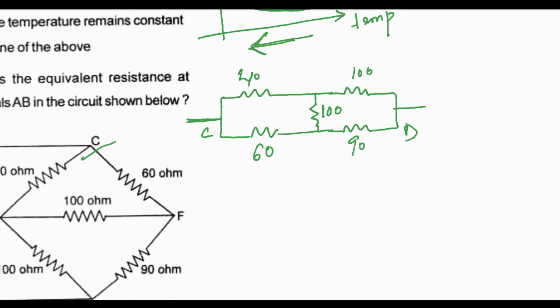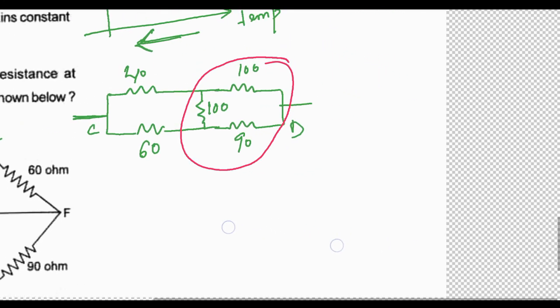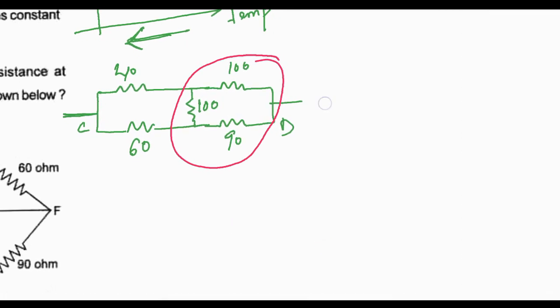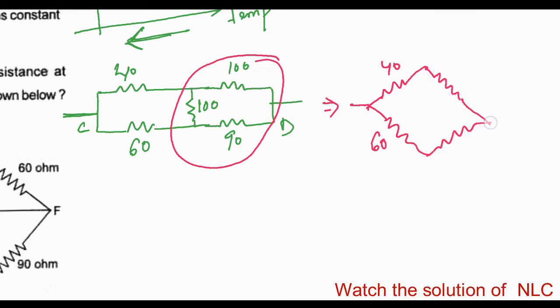So if we convert this delta network to a star network, what will happen? I am not calculating the details. Here this one is 40, this one is 60, and here the star comes like this.